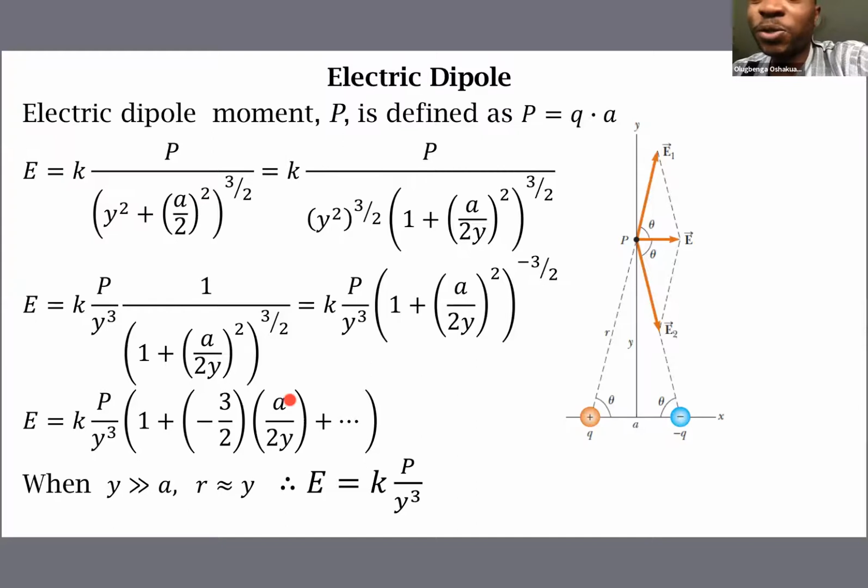So when we add all those values that are close to 0 to 1, we have approximately 1. And that leaves us with the formula that says E equal to Kp over Y cubed. So Kp over Y cubed gives us the relationship between the electric field and the electric dipole moment. This is the electric field, and this is the electric dipole moment.